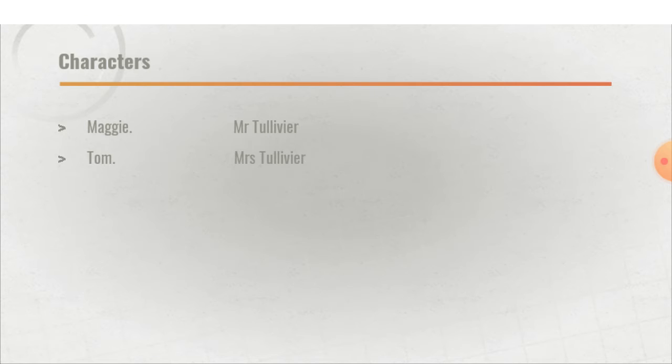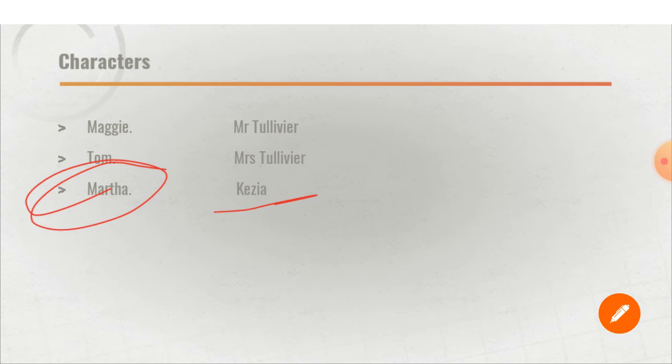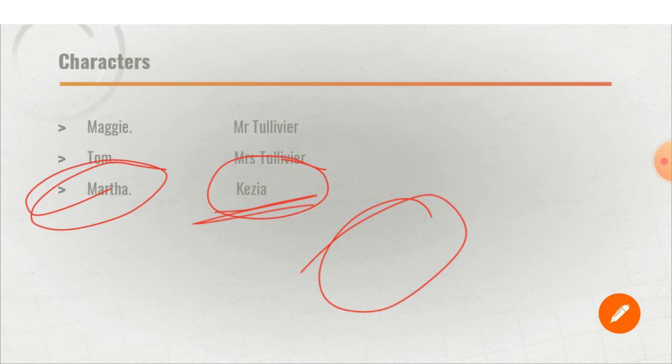Then comes Martha and Kezia. Martha is not a very important character, but she is present in the whole story, so we just used her name. Then comes Kezia. Kezia is who?